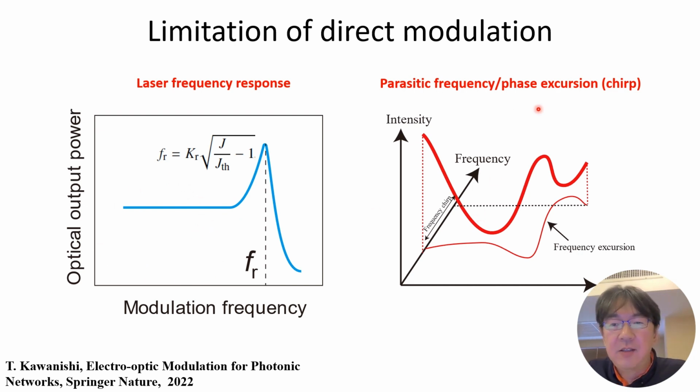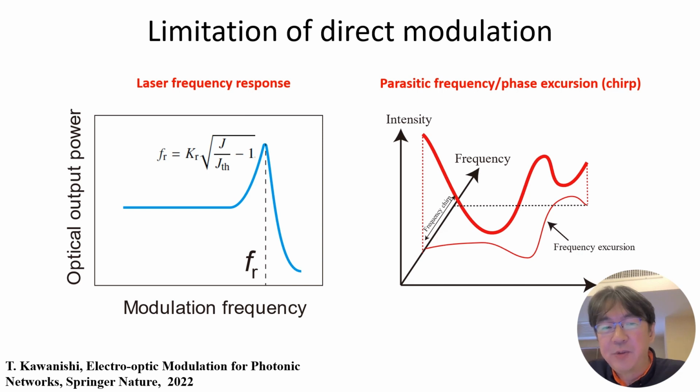And it has the undesired chirp. As I mentioned, chirp means parasitic frequency and phase excursion. This shows the basic concept of the chirp. This direction shows the intensity, and in direct modulation, we try to change the intensity, but we would have an undesired frequency change like this, a frequency excursion in that direction as well.